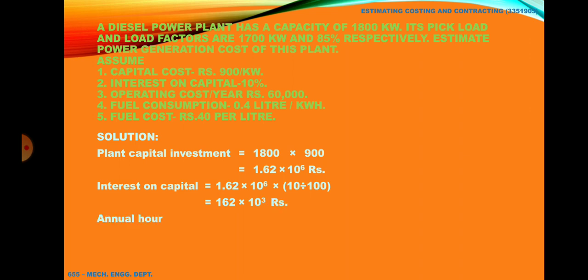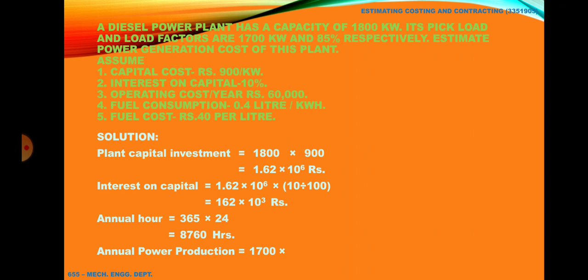Now, annual hours. How many annual hours have we worked? Annual hours equal 365 days into 24 hours, which is equal to 8760 hours. Now, annual power production. The peak load capacity is 1700 kilowatt.